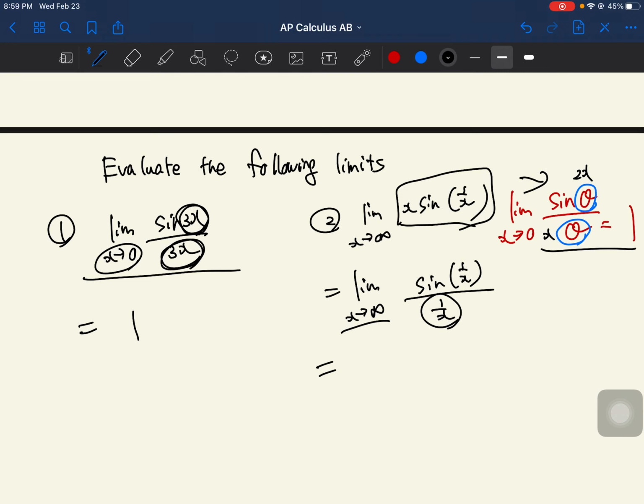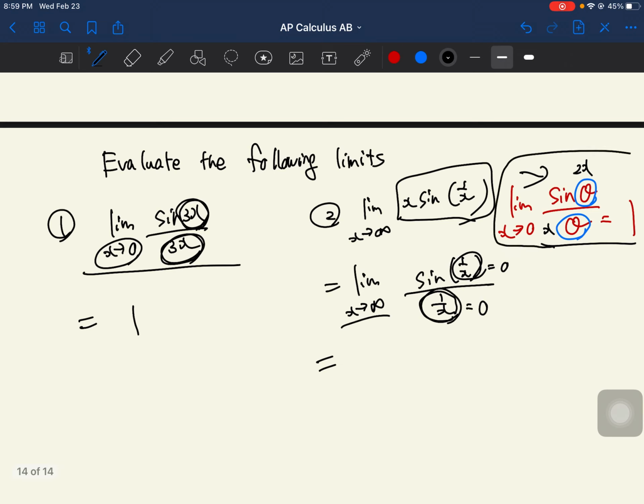Okay? So if you plug in infinity here, this one is getting close to 0, and this one is getting close to 0 as well. So it's actually almost the same meaning as this one. You know what I mean? So you can use this equation, which is going to be 1. You got it?